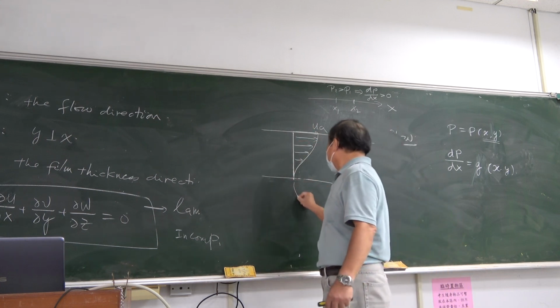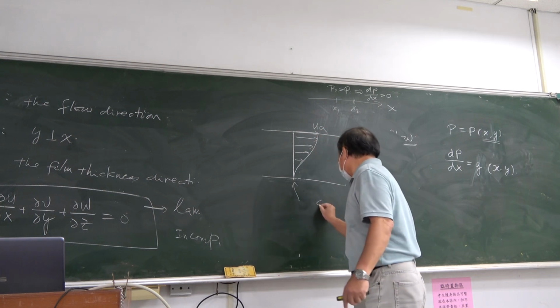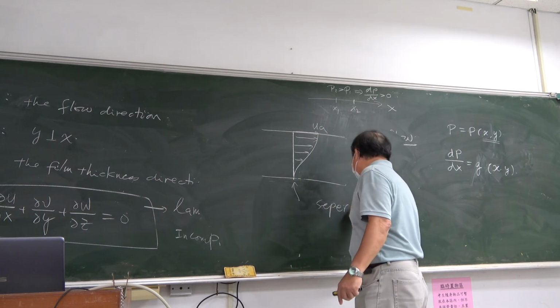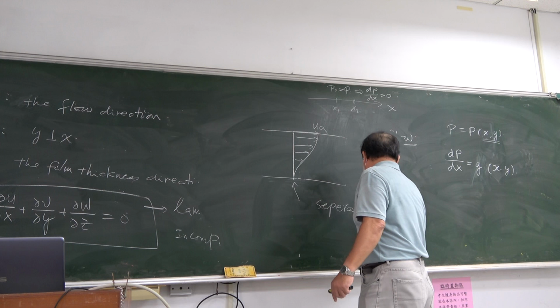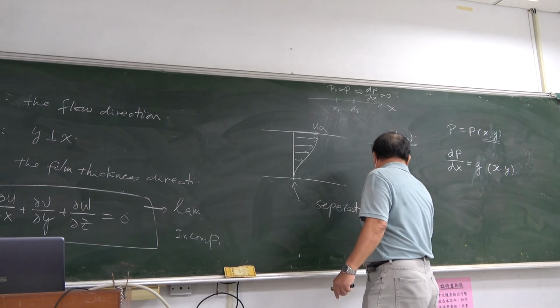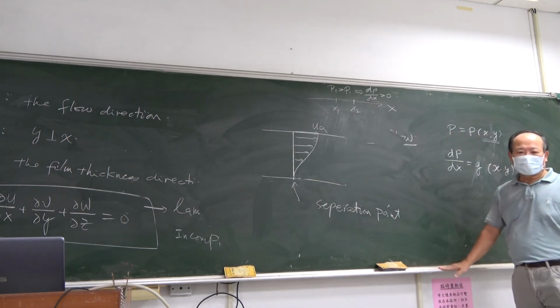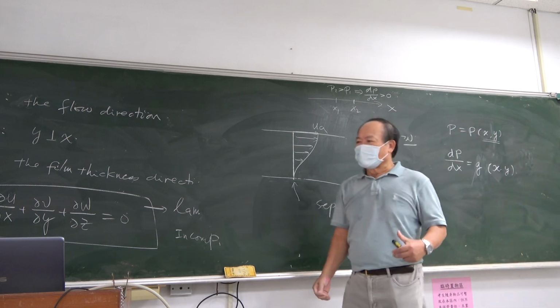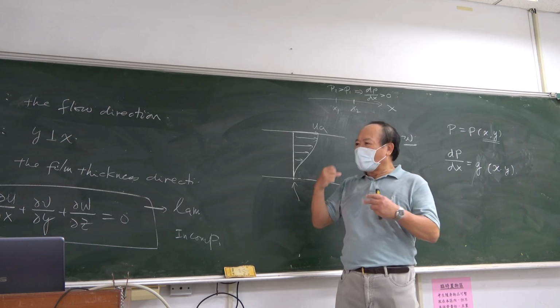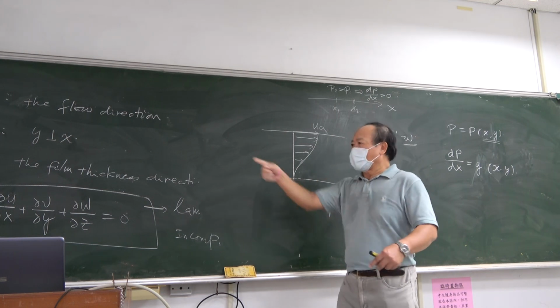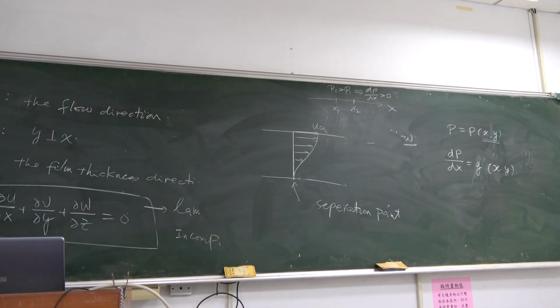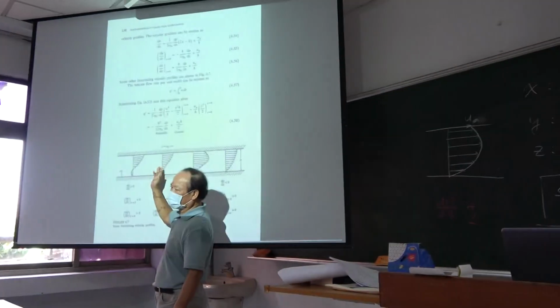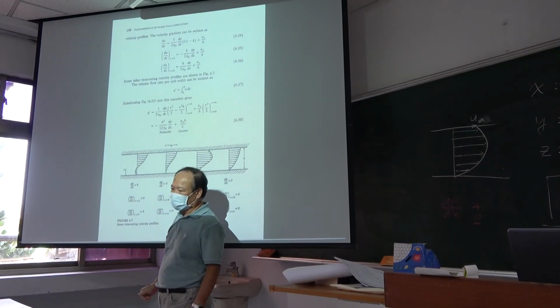This point in fluid mechanics we call the separation point. Separation point is where, after this point, there is backflow. From this point onward, the region behind it will have backflow.